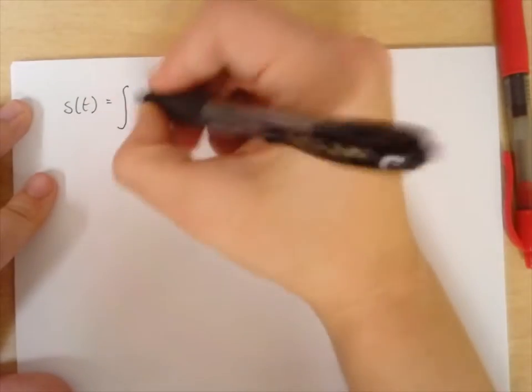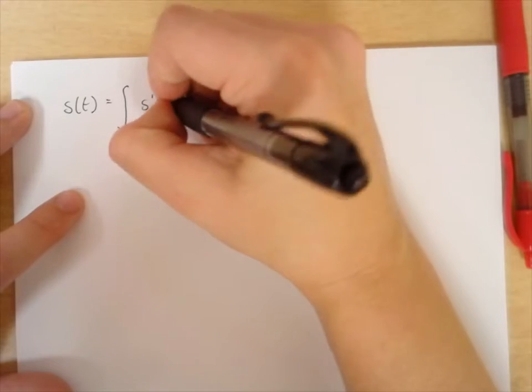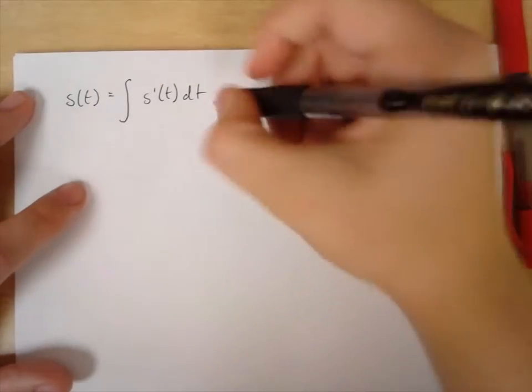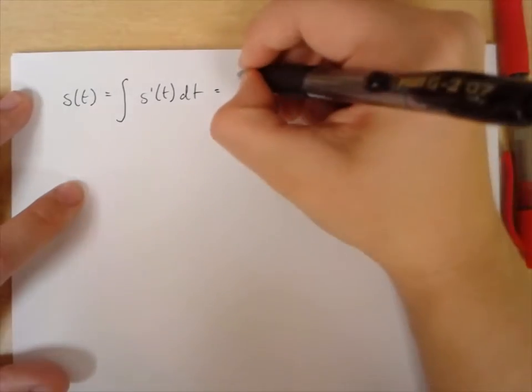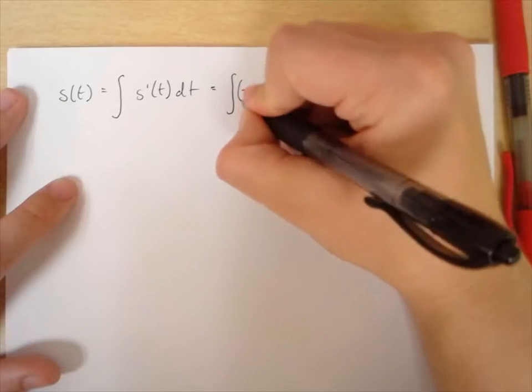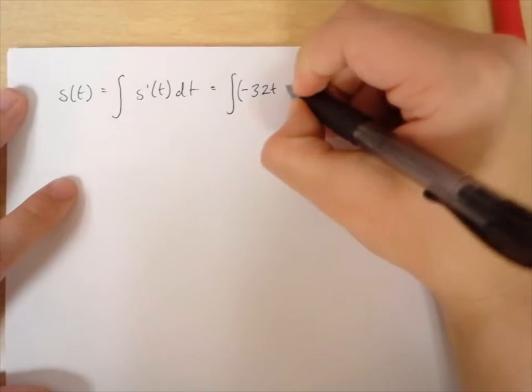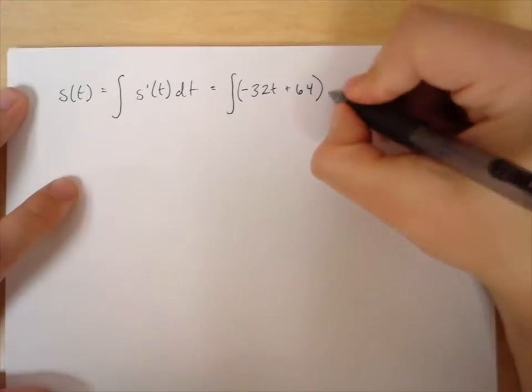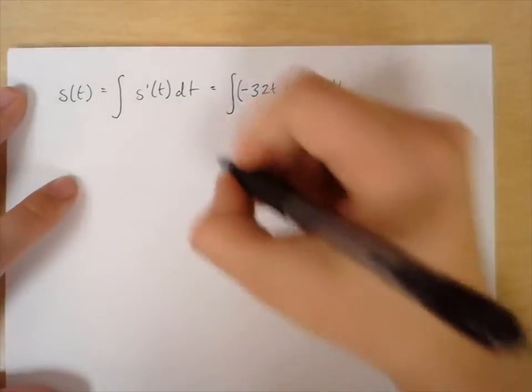I know I can find that by integrating s prime of t with respect to time, dt, that's what respect to time looks like. And I know that I can fill in s prime of t with what I just found, so I'm actually integrating negative 32t plus 64 with respect to time.